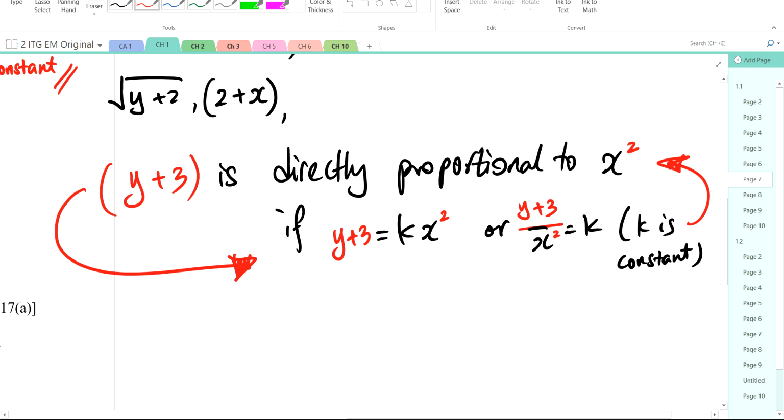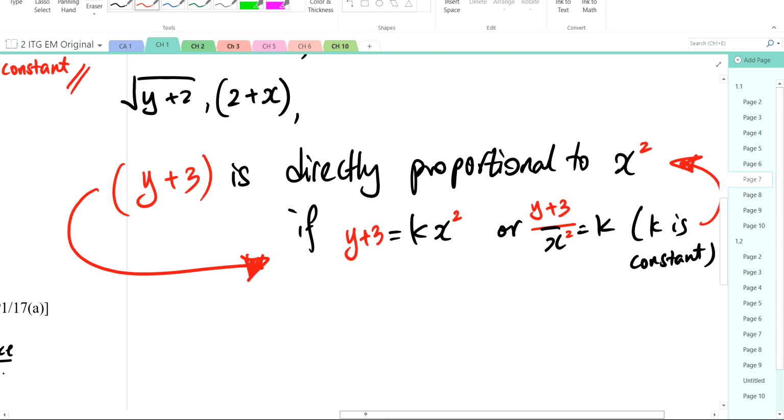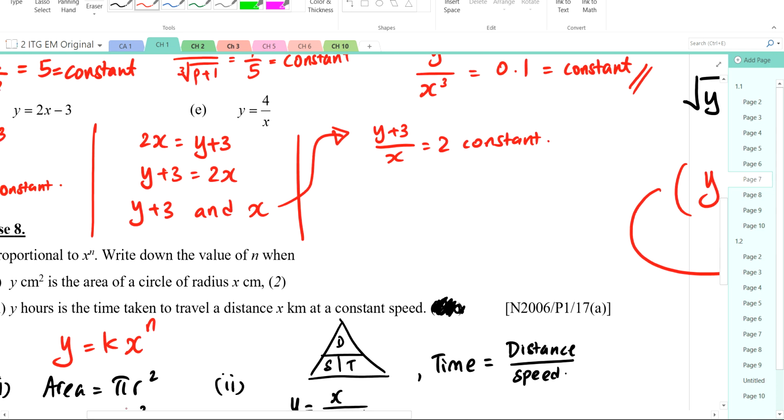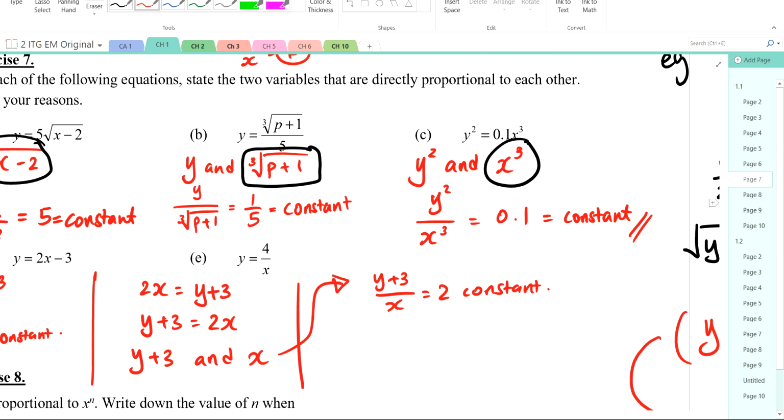Who has a better understanding right now compared to 5 minutes ago? Okay, who still needs clarification? Raise your hand. Don't be shy. Okay, on which part? Wait, which one? A, B, C or D?